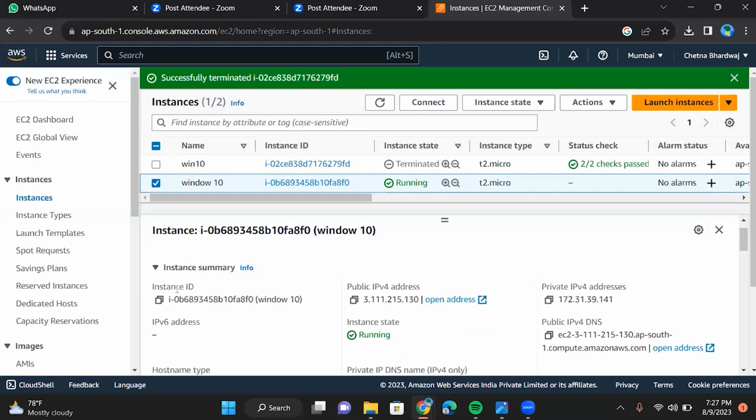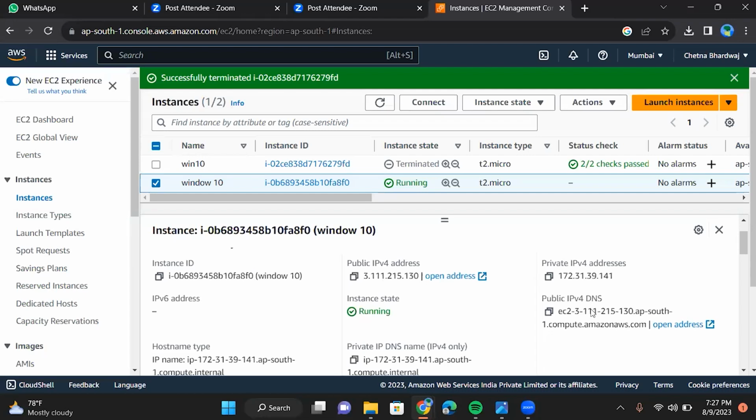Once you select the instance, you will see all the details related with the instance. So check it out, instance summary, instance ID. This is the ID for your instance. This is the public IPv4 address. Whenever you will be accessing your instance remotely, you will be using this public IPv4 address, and this is the private IPv4 address for your instance.